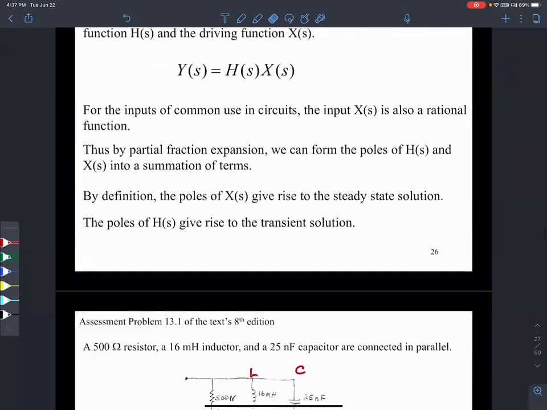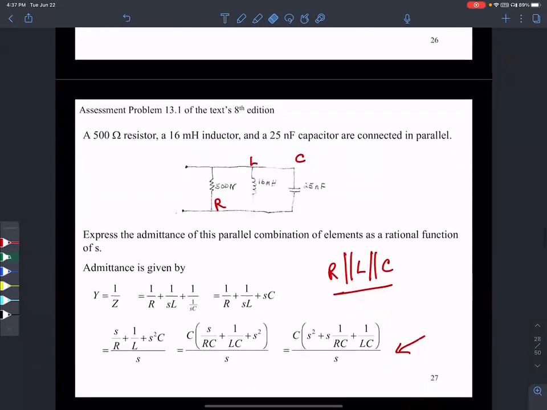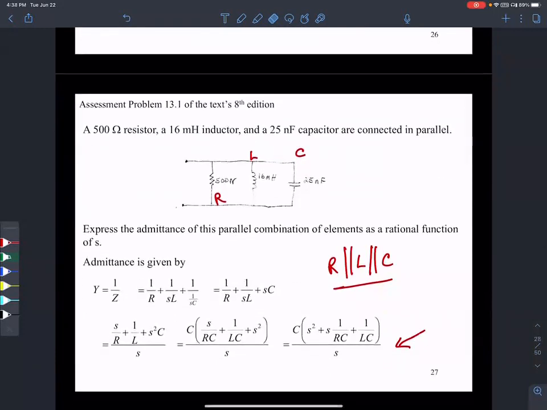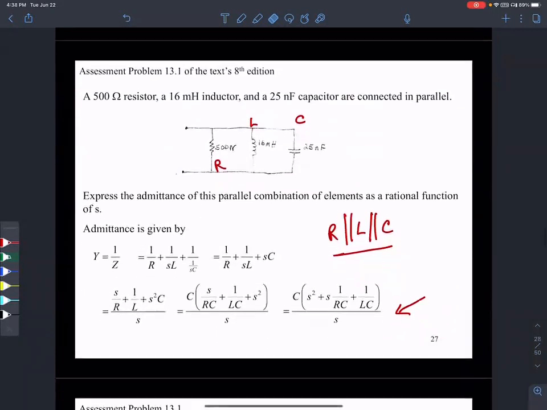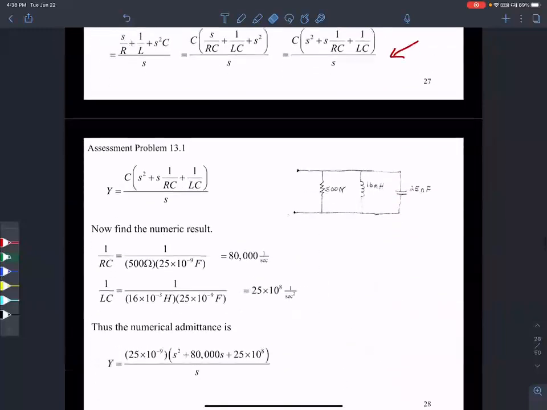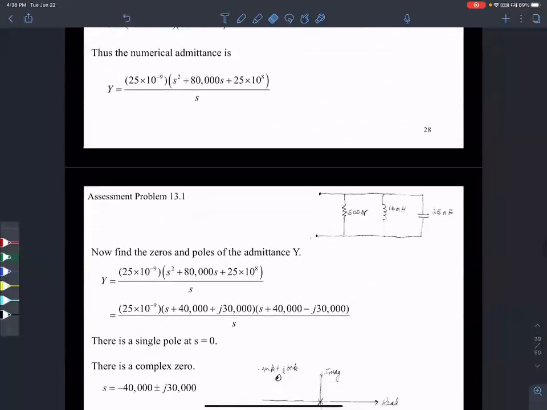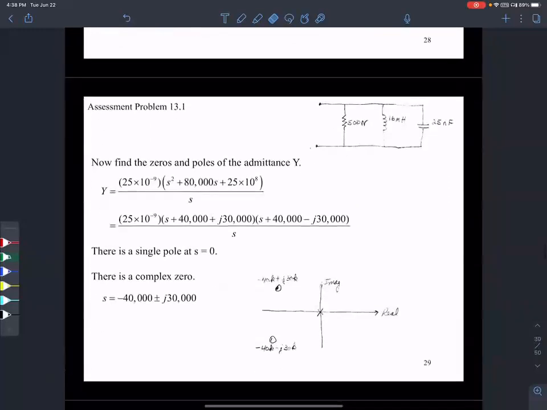So when you're asked to find the transfer function, you have to look for V out of S over V in of S, or whatever the output and input variables are defined to be. In this example problem, you're asked to find the admittance.